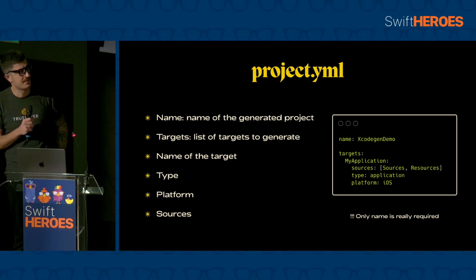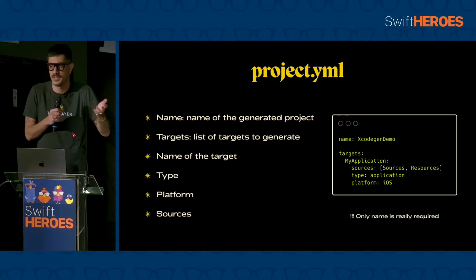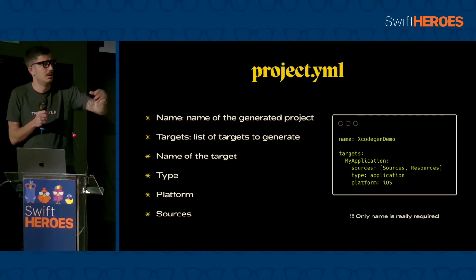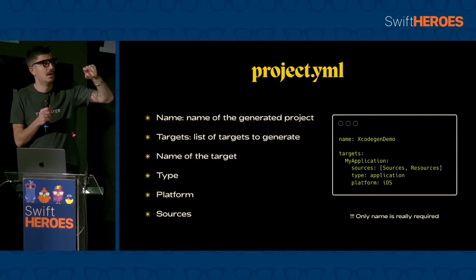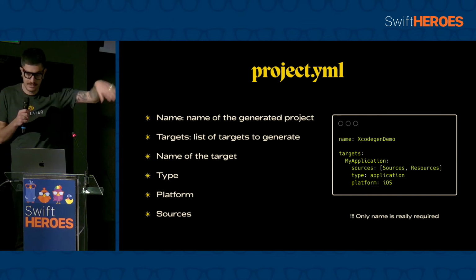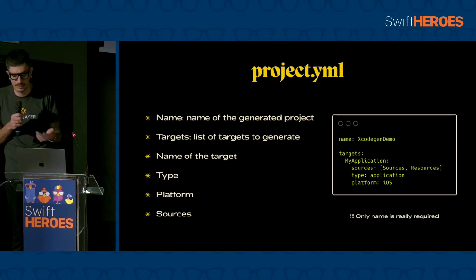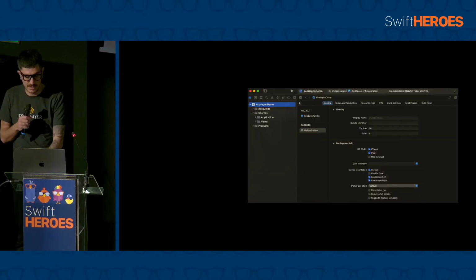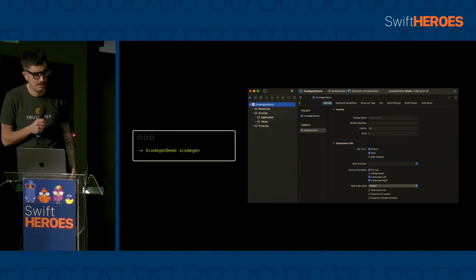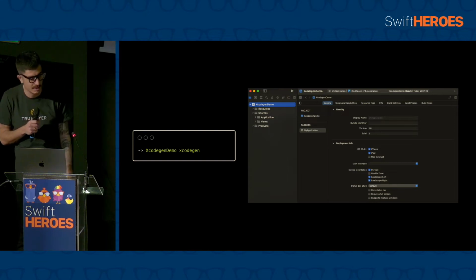Inside of it, we have to specify the sources, where we pass an array of folders that contain our source code. It doesn't have to be called Sources or Resources. You can call it anything you want. The reason why I called it like that, we'll see later. We set the type, whether it's an application, framework, or whatever. We set the platform to iOS. And then we go to our root directory, run xcodegen, and it automatically creates this Xcode project.